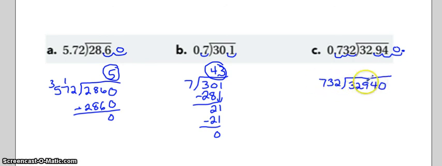So 32,940. All right, so earlier we found out that it should go into 3,294 4 times, and that would give us 2,928. Okay, this is why I'm using the same numbers.